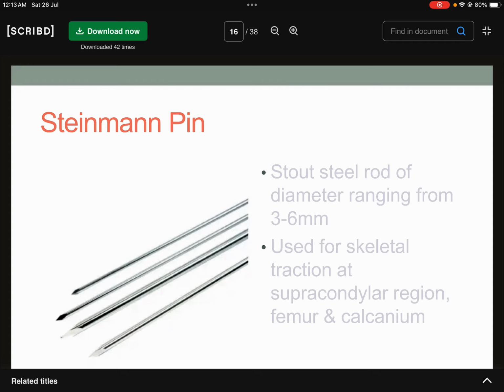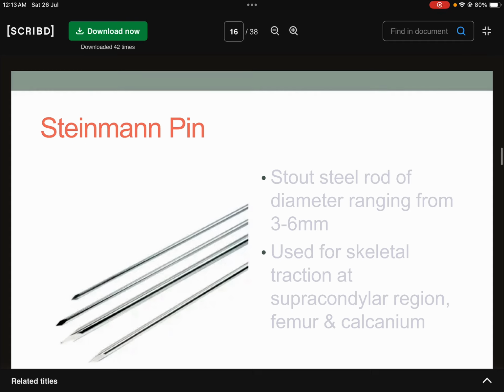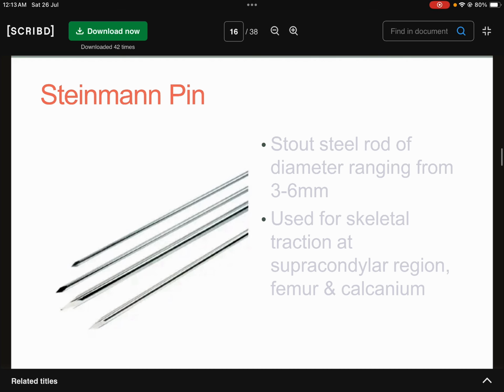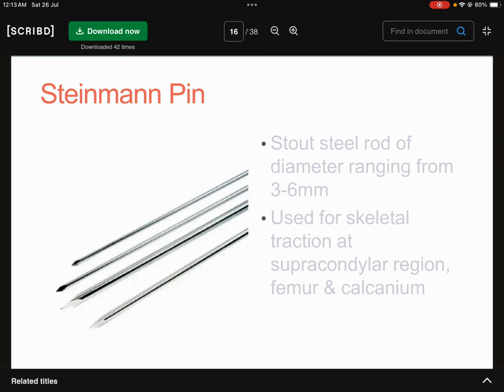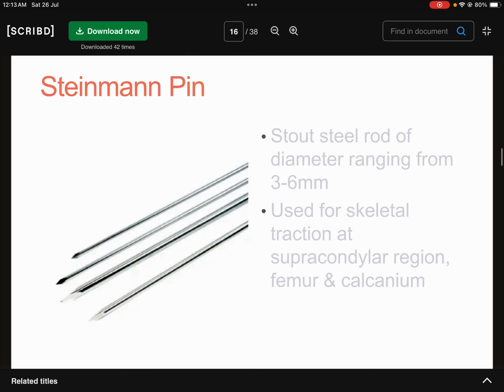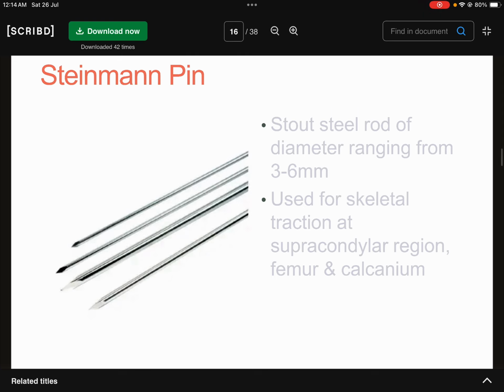But in case of Steinmann pin, one end is sharp but the other end is blunt, and there is no thread.